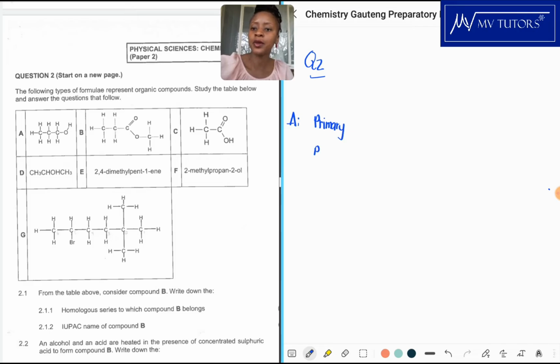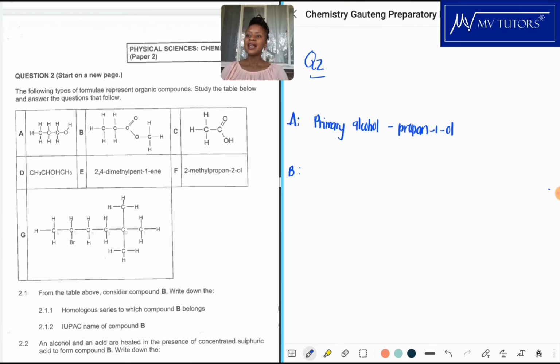It would be propanol. Let me put it, primary alcohol, which is propanol. There's no need for me to say propan-1-ol, but I guess you can. The fact that it's a primary alcohol means it will be propan-1-ol, but let's just put it there.